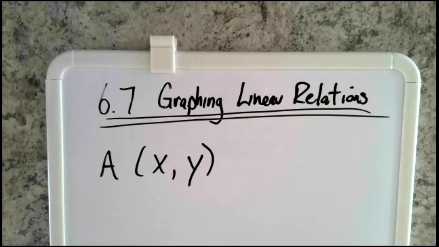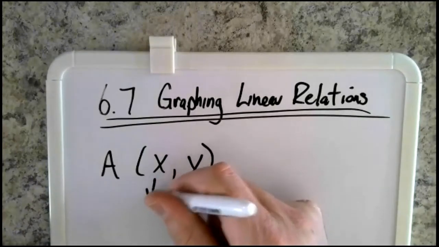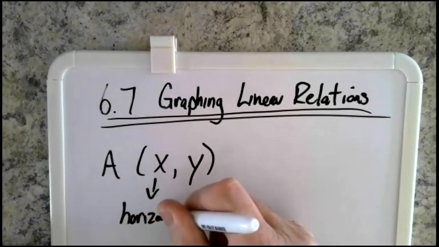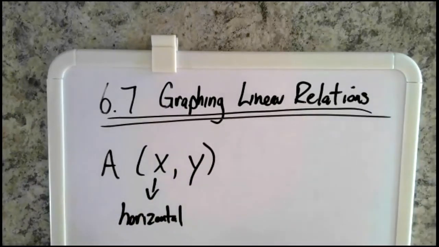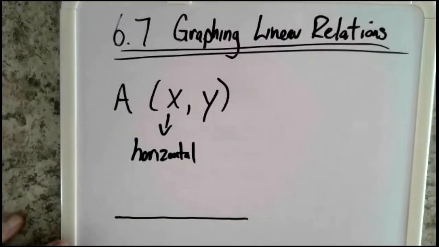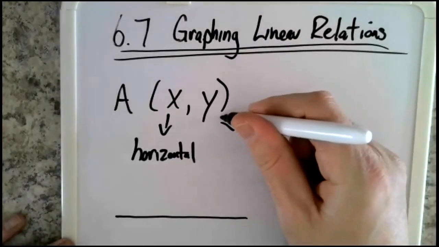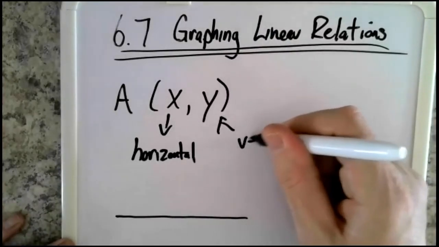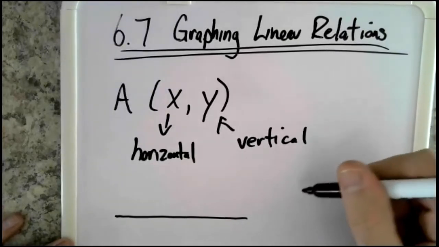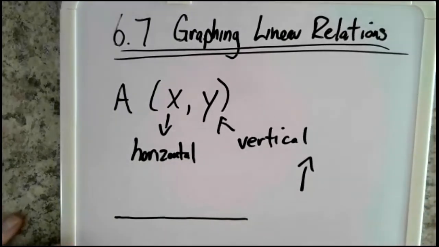The way you think about it is x is actually going to be our horizontal. If you think of horizontal, that's like laying flat. And our y is going to be our vertical. Now, if you're thinking of basketball and you're like, hey, vertical, how high can you jump? Vertical goes up, and in this case, it will go down, okay?